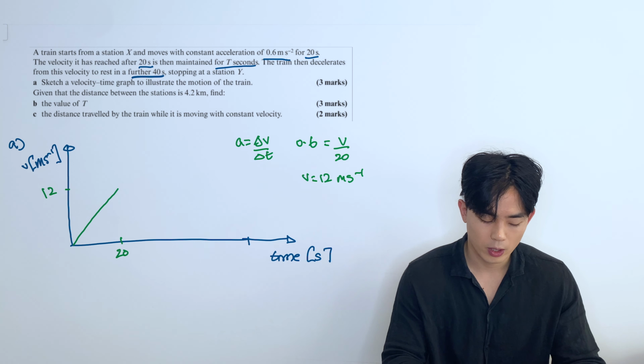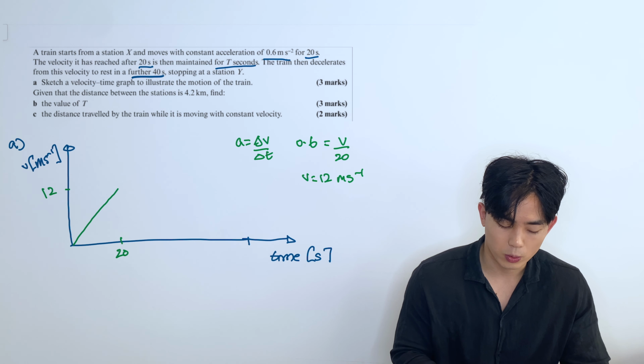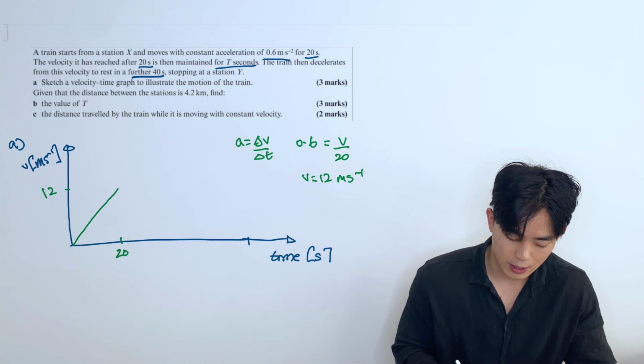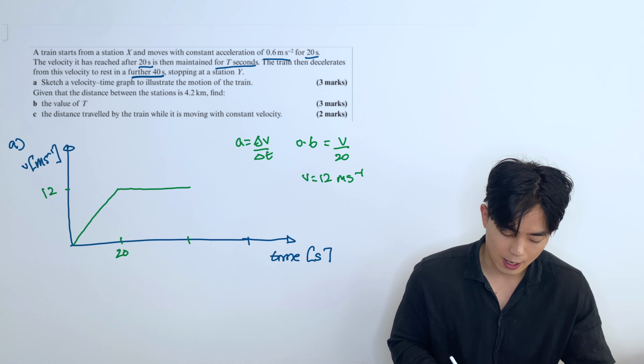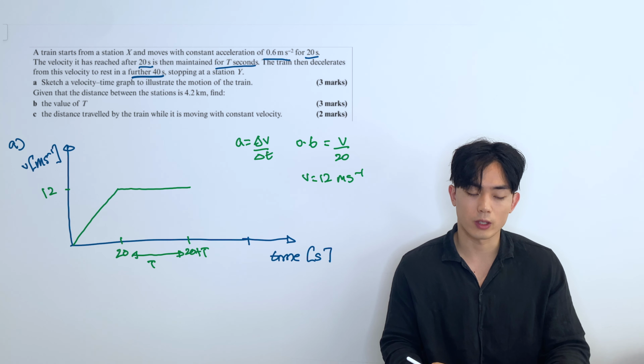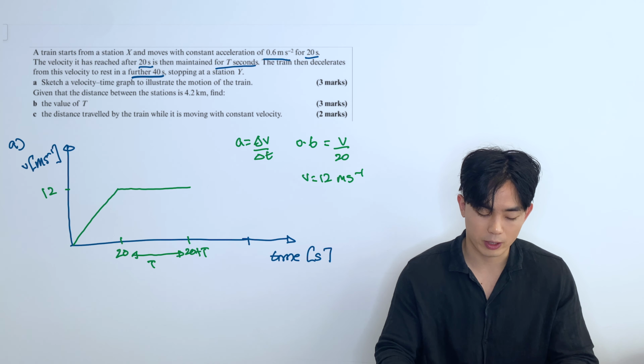Next part of the journey. The velocity reached after 20 seconds is then maintained for t seconds. So this 12 is maintained for a further t seconds. This gap here is now going to be t, so this time interval will now be 20 plus t. You have to make sure you label each point very carefully.